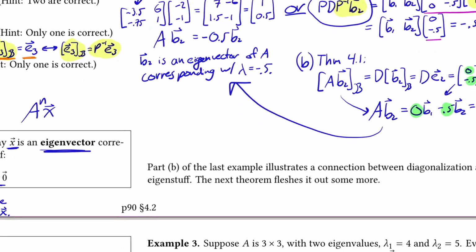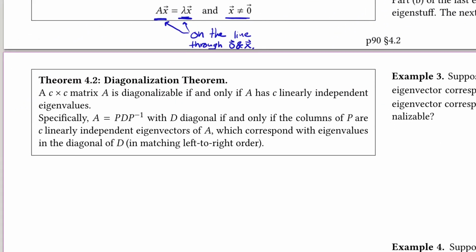So that is an example of the diagonalization theorem working. Let's read it first, see how it relates to that example, and then we'll prove it.